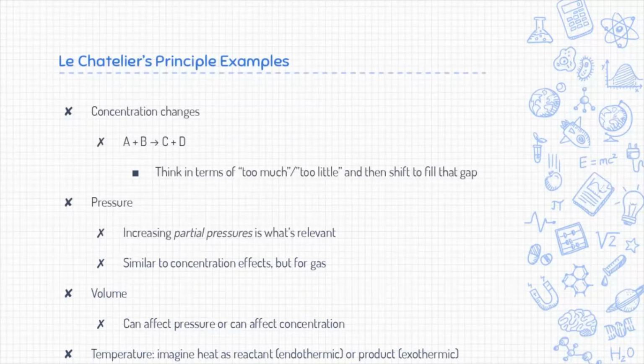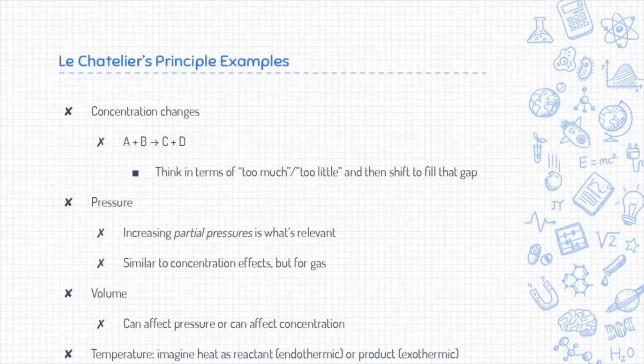You need to look at what I would call the order of the products and the reactants. If you have more moles of products than moles of reactants, then the order of the products is greater than the order of the reactants, which means that if you increase volume, well, we'll save that for the next slide. Actually, it's easier to explain with the next slide.